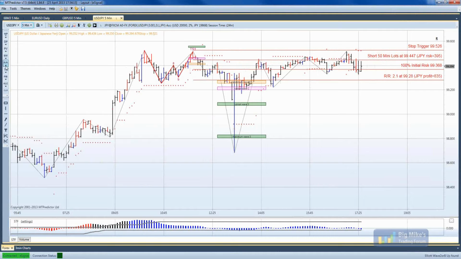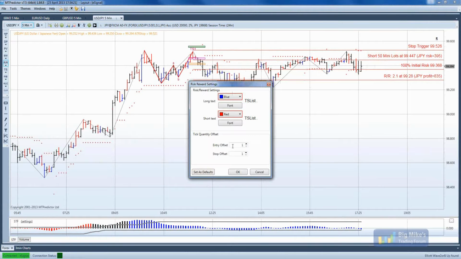If you want to, for example, if you're trading Forex and you want to give it a little bit more wiggle room, you can offset your entry level and offset your stop level by however many ticks to give yourself a bit more room, because particularly in Forex, sometimes a one tick stop can be too tight. So yes, you can adjust some of these things in the software as well. Okay.